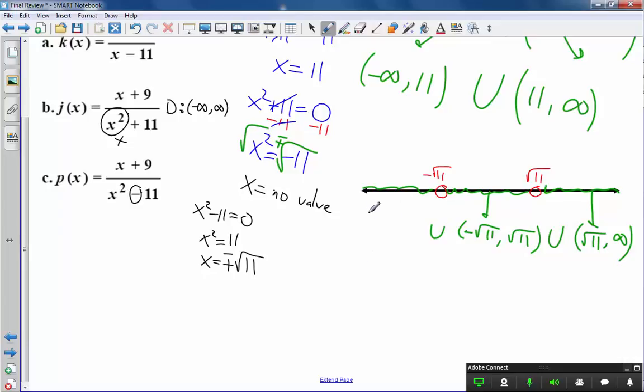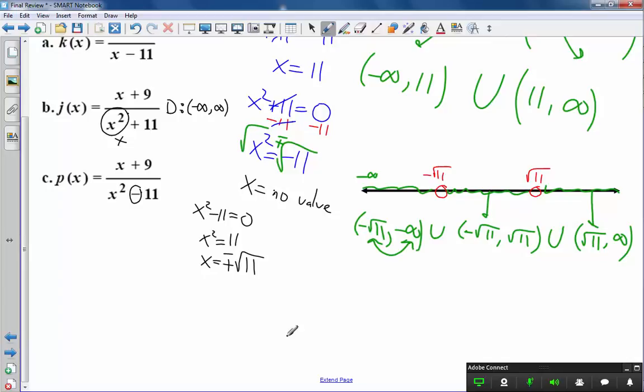And the left side is negative root 11 to negative infinity. There's a mistake. Negative infinity has to go first. Yes. We need to always read any piece from left to right. This is wrong order. You need to flip these 2. Okay? Left side must always be smaller. Negative infinity is smaller than negative root 11.